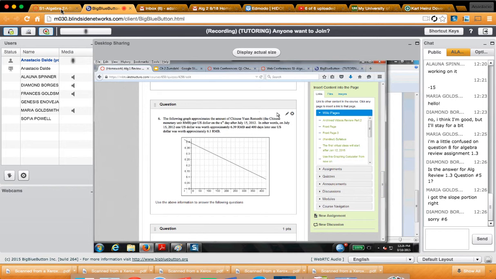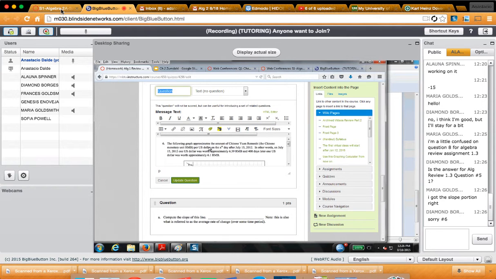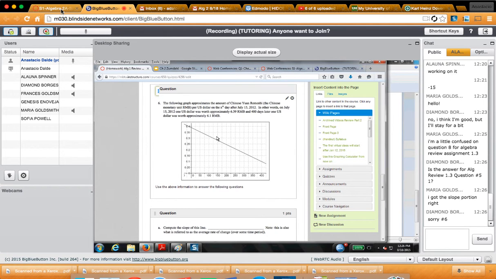Oh, this isn't a question at all. It's just text. In fact, I even typed in the instructions. I said, use the above information to answer the following questions. So all it is is the instructions at the beginning, and then the questions to follow it. Those are the questions that refer to question 6.